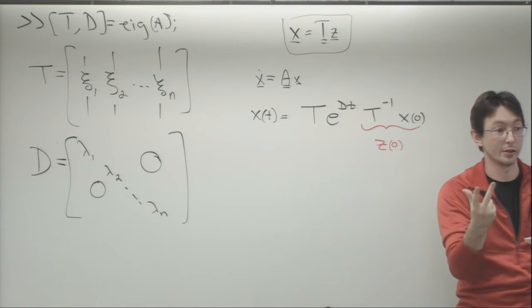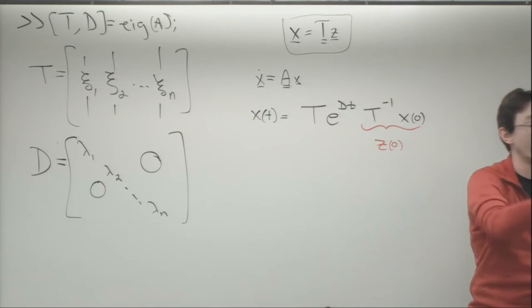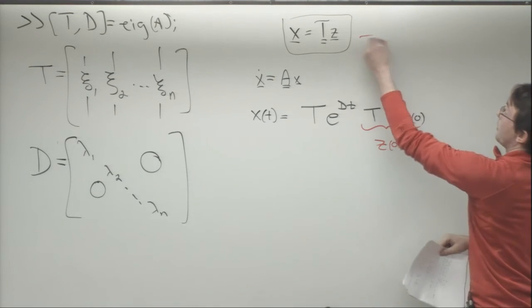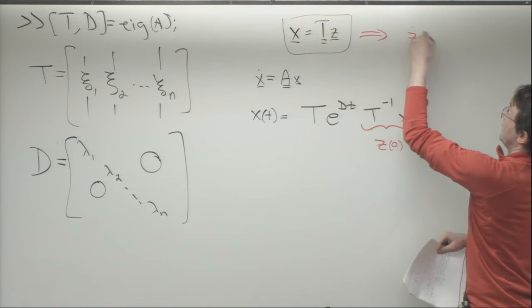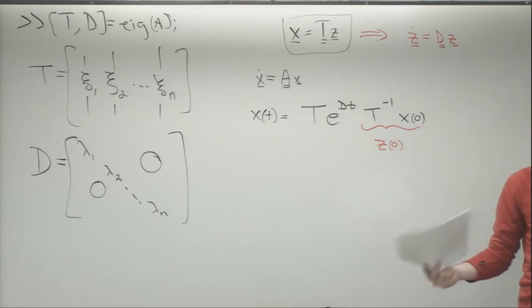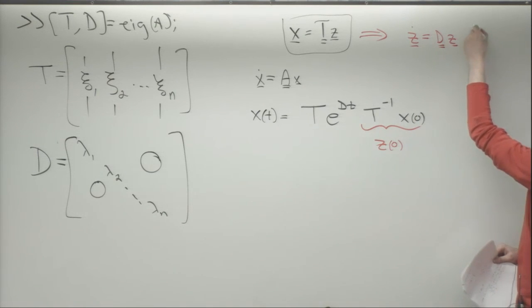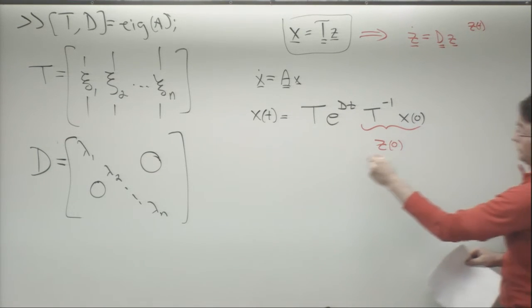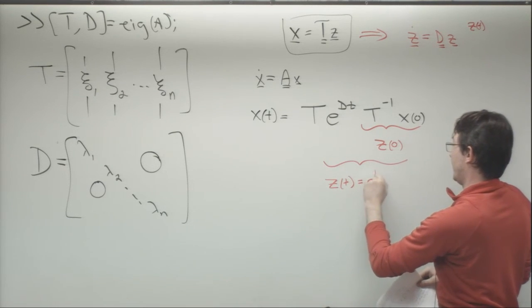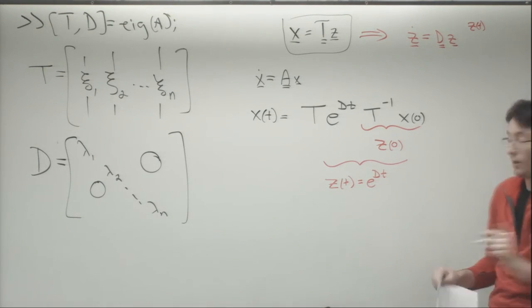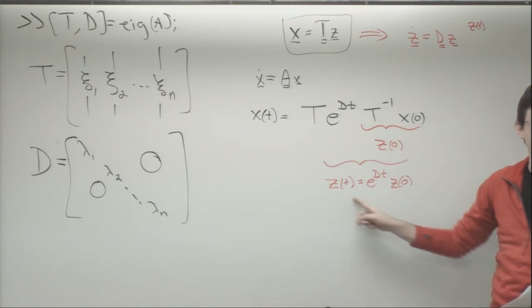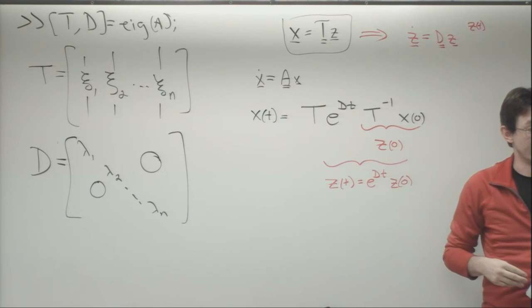It's what my initial condition is if I wrote it in terms of a sum of eigenvectors. We know that in this coordinate system, z dot equals D z. Super easy to solve. What's the solution of that? z of t equals e to the diagonal matrix, super simple, times z naught. So we know how to solve this differential equation in the eigenvector coordinate system.